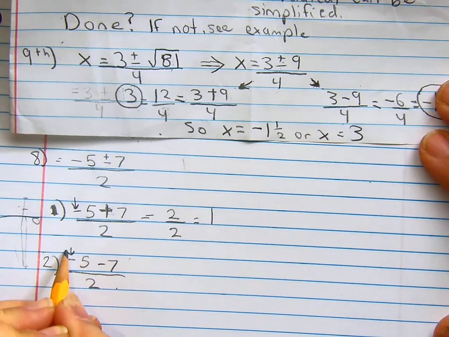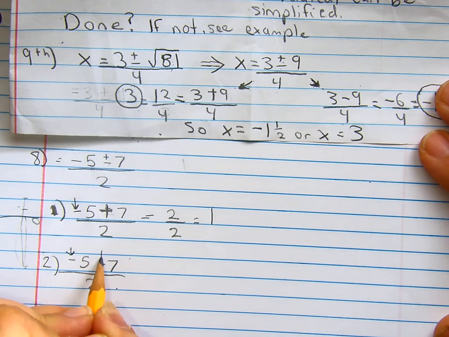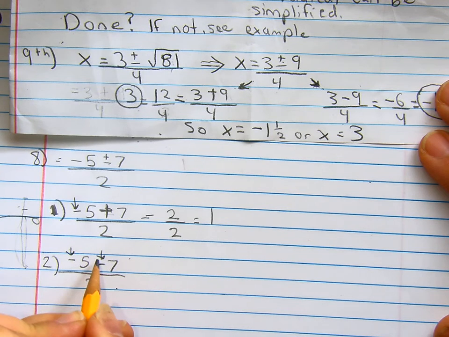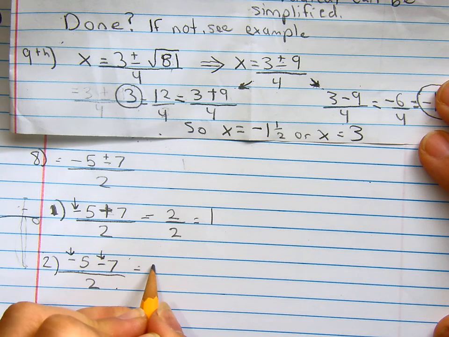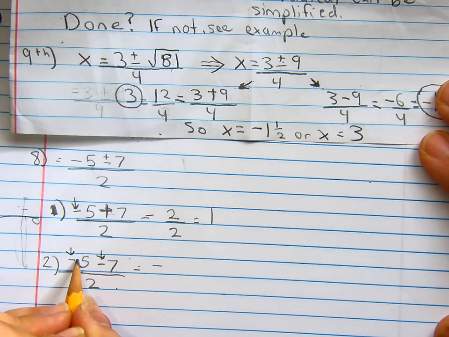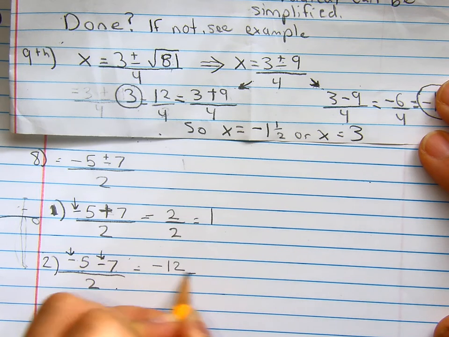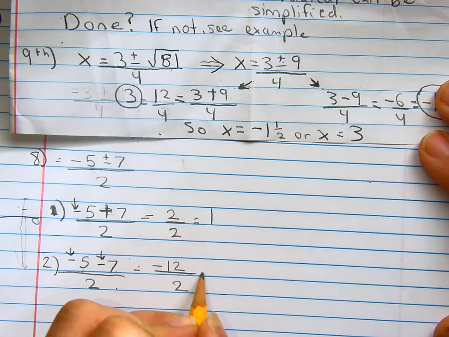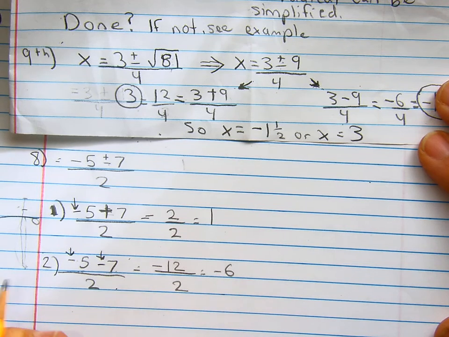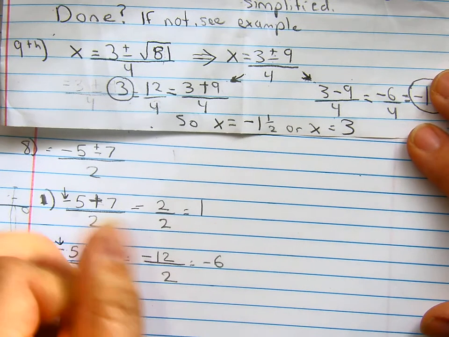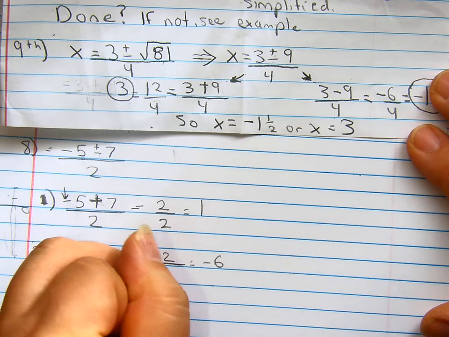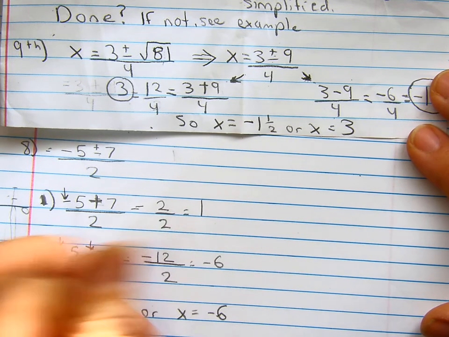Down here, if I was to swim down 5 and then swim down 7 more feet, I'd be at a total of 7 to 10 is 3. 2 more would give me 12. Divided by 2 is negative 6. So x equals 1 or x equals negative 6.